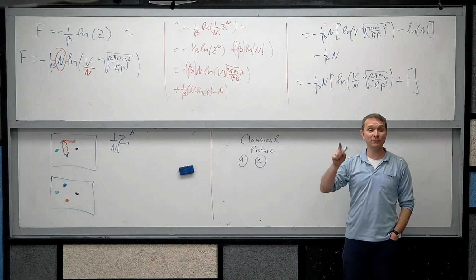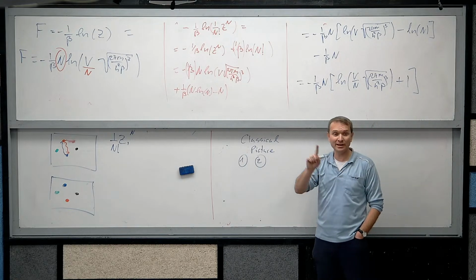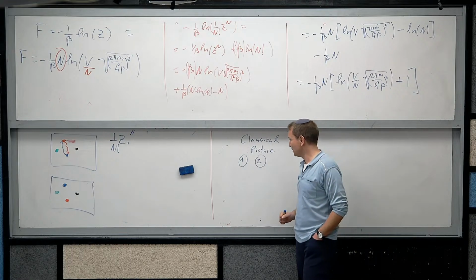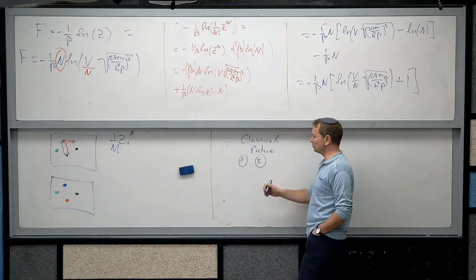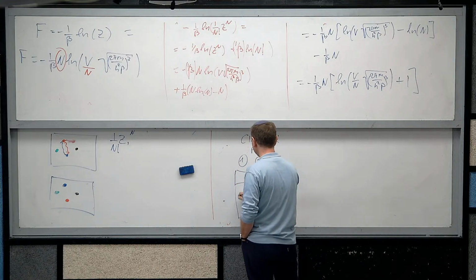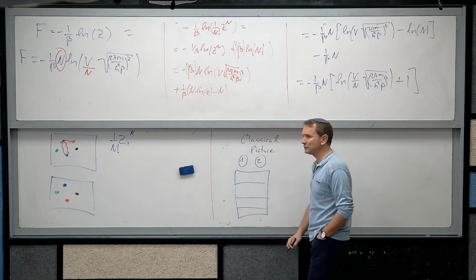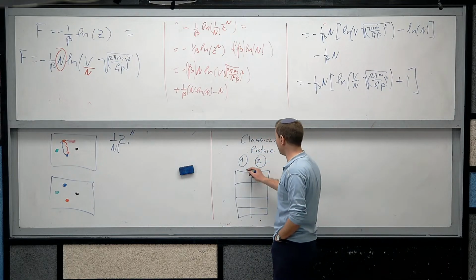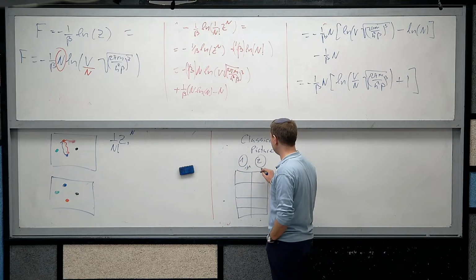Why? Because I can follow them. In quantum mechanics, I can never follow particles precisely, and I can in classical physics. So if I have particle 1 and particle 2, and I plot here the different states that the particles can be. So this is state number 1, and this is state number 2.